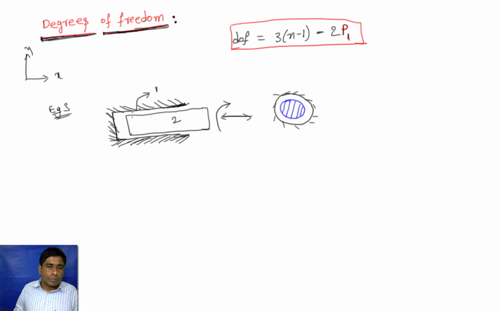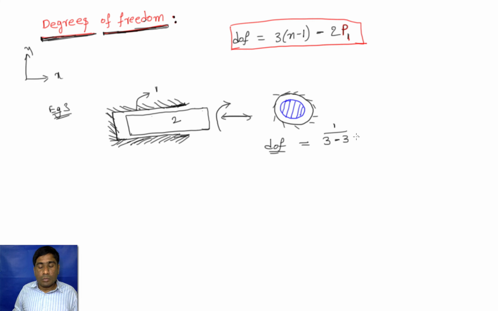So we would like to write degrees of freedom of the combined system. For the body 1, if you consider body 1 in a plane, it should have 3 degrees of freedom, but since it is fixed, 3 constraints are imposed.